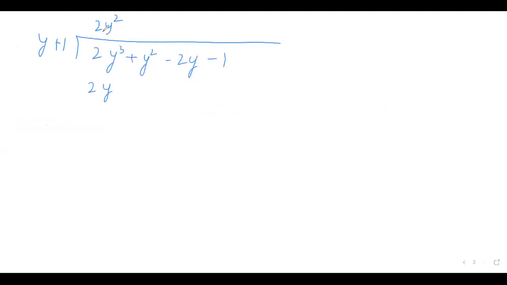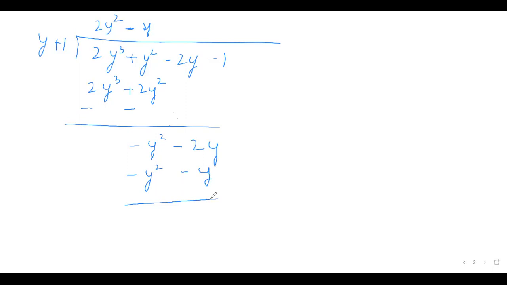If I multiply it by 2y square, then it becomes 2y cube plus 2y square. Now subtract. So 2y cube minus 2y cube is 0. Y square minus 2y square is minus y square, minus 2y. I am writing the next term. If I multiply it by minus y, then it becomes minus y square minus y.